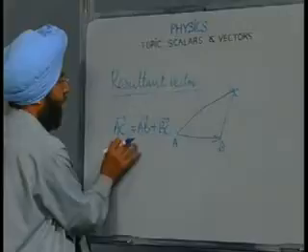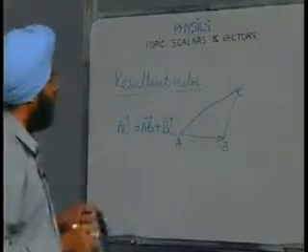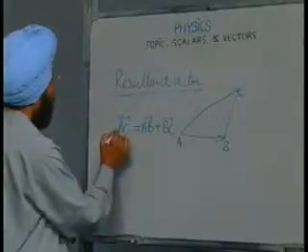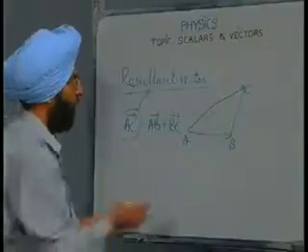So, vector AC can replace two vectors AB and BC. So, we can call AC as the resultant of these two vectors.